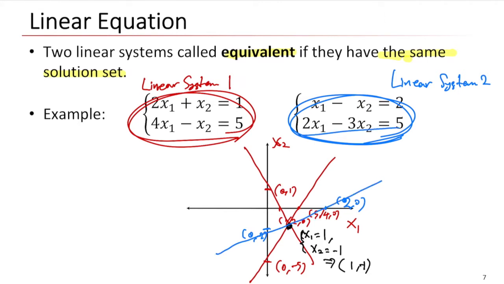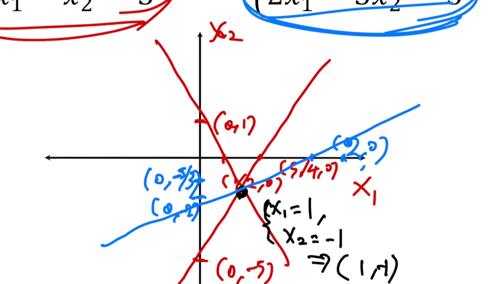And another line is when x1 is equal to 0, x2 should be -5 over 3 here, and when x2 is equal to 0, x1 should be 5 over 2, something like that. The lines look like this.